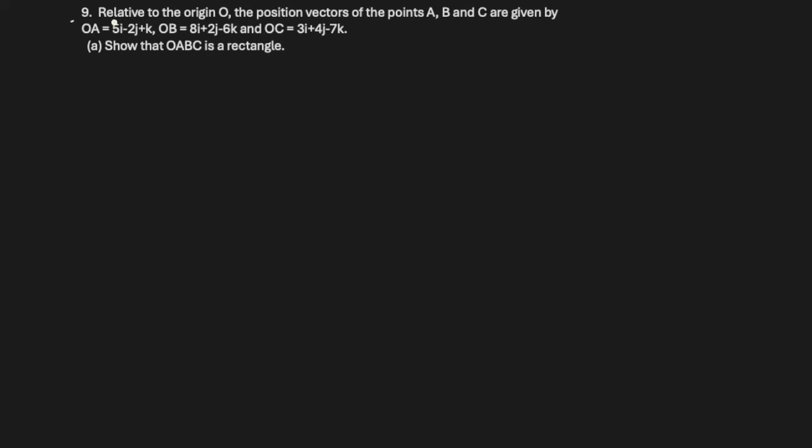Question number 9. Relative to origin, the position vectors of points A, B, C are given as this: OA, OB, and OC. Show that OABC is a rectangle. Okay, so let's try to visualize them here. This is O, A will be somewhere.